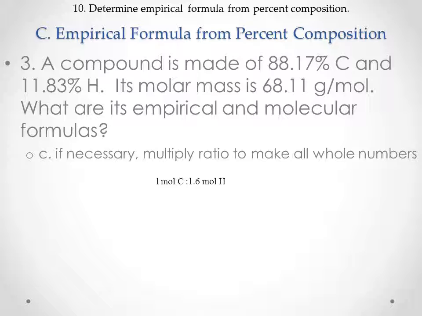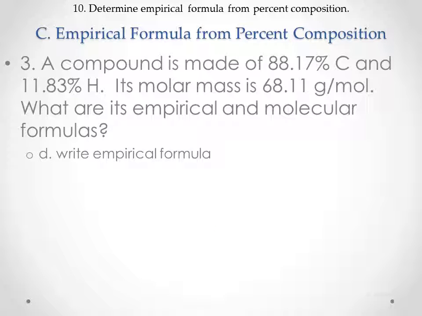So if I multiply this whole ratio by the number 5, then I'm going to make everything a whole number. 1 mole of carbon times 5 would be 5 moles of carbon. 1.6 moles of hydrogen times 5 would be 8 moles of hydrogen. So my ratio is 5 moles of carbon to 8 moles of hydrogen.